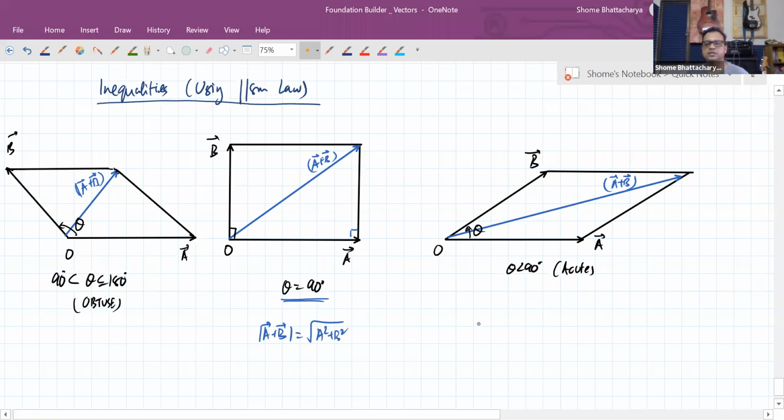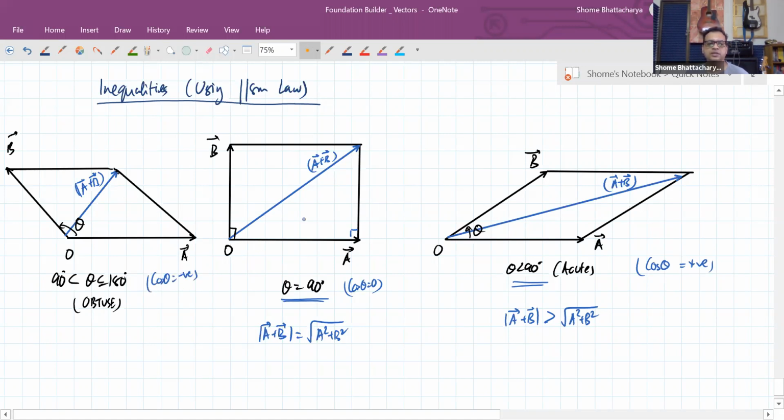But whenever theta is less than 90, you can see that mod of a plus b becomes greater than root of a square plus b square. You can understand that from the formula also, because cos theta will be a positive quantity in this case, whereas here cos theta will be 0, and on the other hand here cos theta will be a negative quantity.